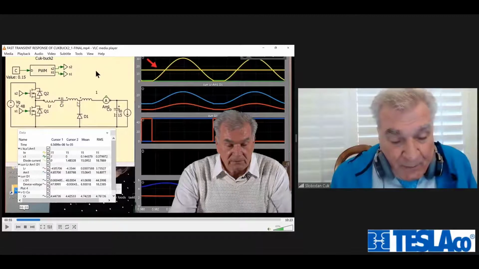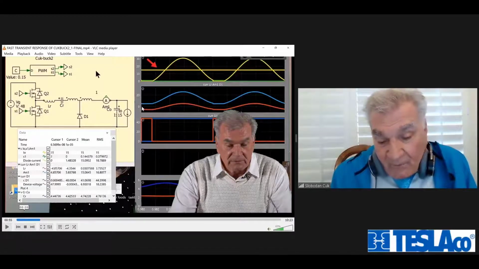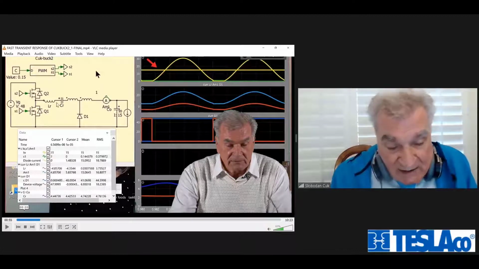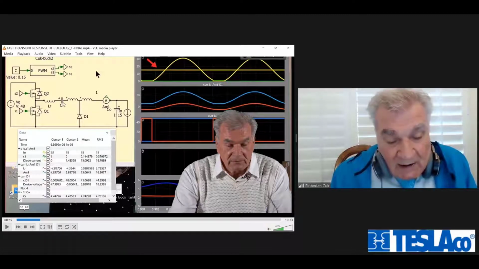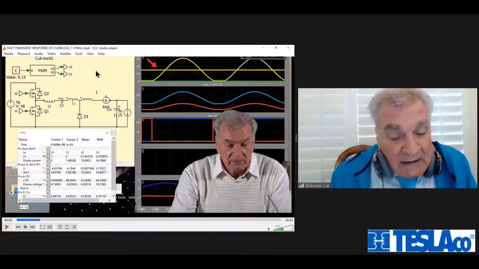It's split between the primary of this, what I call a hybrid transformer, whose primary current is the red waveform. You see the red waveform has a zero average. It must, because this capacitor is having charge and discharge and cannot have a DC current in it. So this is an AC current.